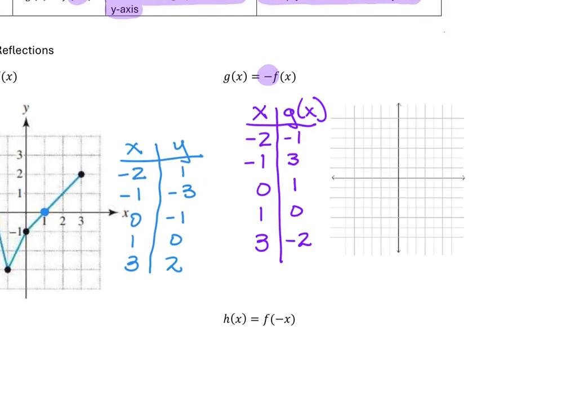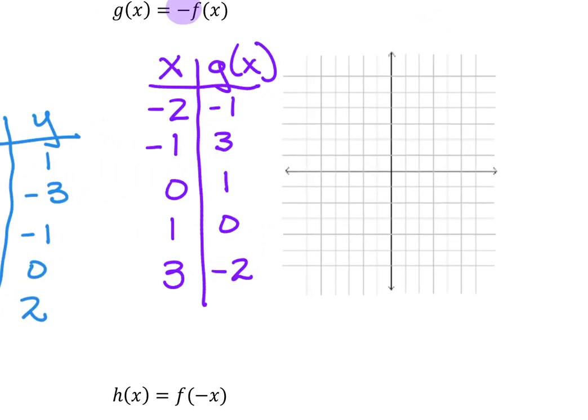All right, when we go ahead and plot these, we have negative 2, negative 1. We have negative 1, 3. We have 0, 1, 1, 0, and 3, negative 2. We connect the dots. And this is what we get.